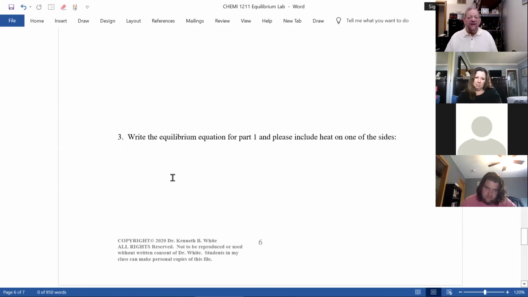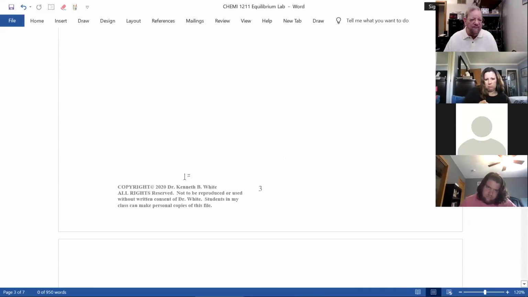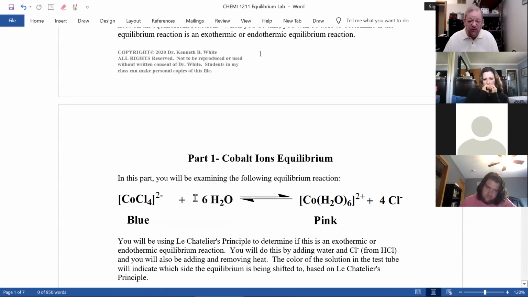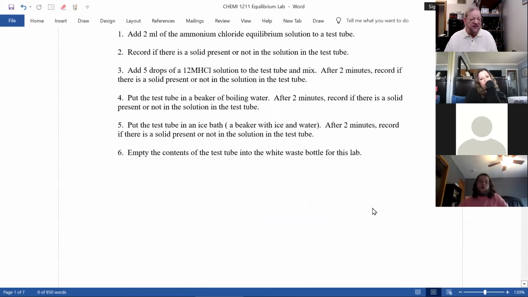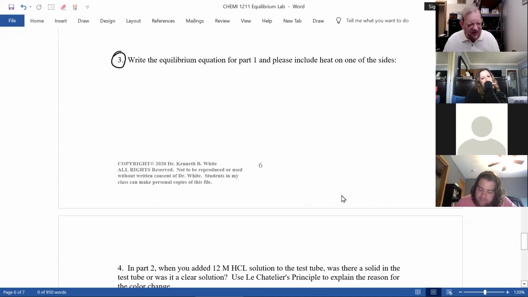Now, in number 3, you're asked to write the equation for part 1, which is up here, and then include heat on either the right or left. Either it will say plus heat on the left or plus heat on the right. And that's the answer you have to figure out based on your data and what you learned today.